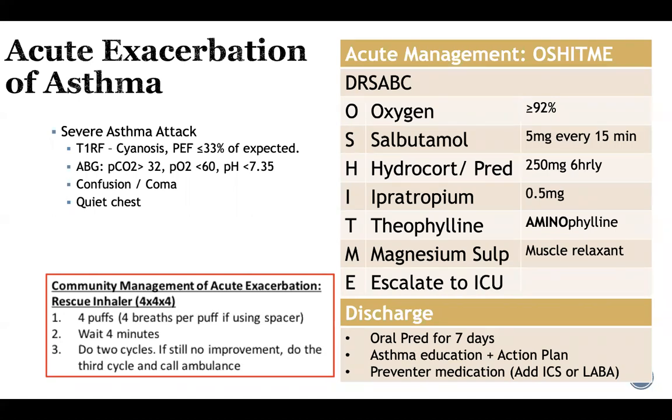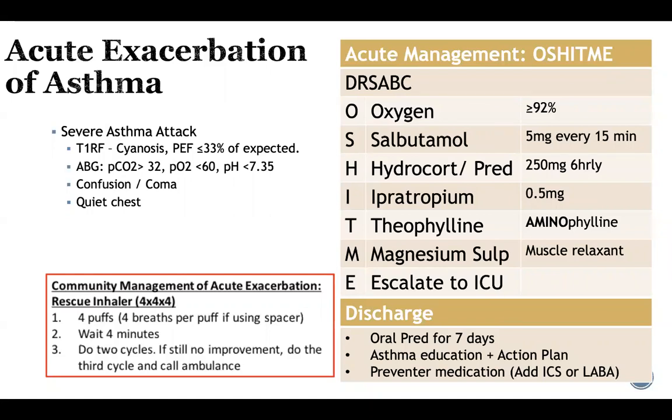So if they're blue, give them some oxygen before you try and talk to them. Otherwise, you're going to kill them. So you get oxygen, you aim above 92%. If it's COPD, a lot of people talk about retainers and everything like that. The most important thing is the patient doesn't die in front of you. You can wean them off the oxygen later.